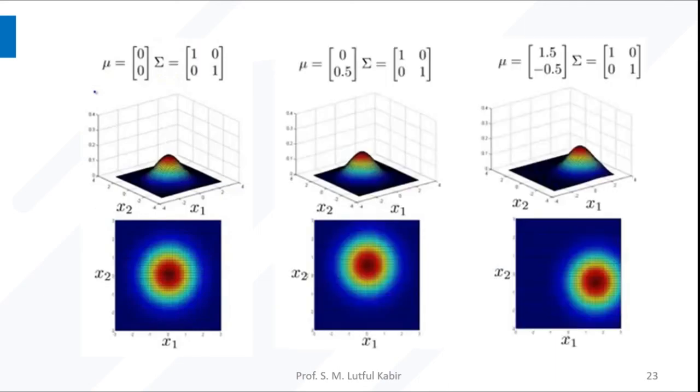Let us see other examples, like if I shift the mu, only the center position will be shifted, for example to 1.5 or minus 0.5. Its maximum probability point will be shifted.